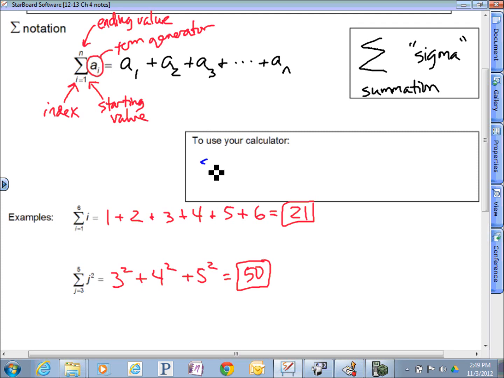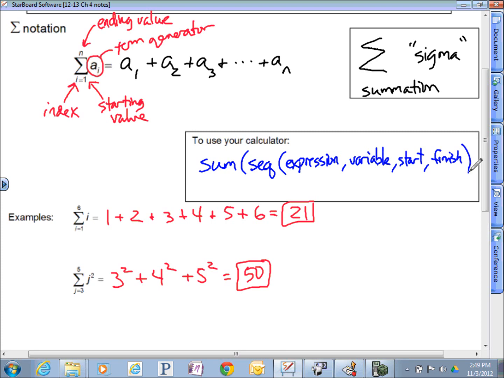If you want to do it with your calculator, this is ultimately what you're going to do. You need to make your calculator say this: sum of a sequence of an expression followed by a variable followed by a start followed by a finish.